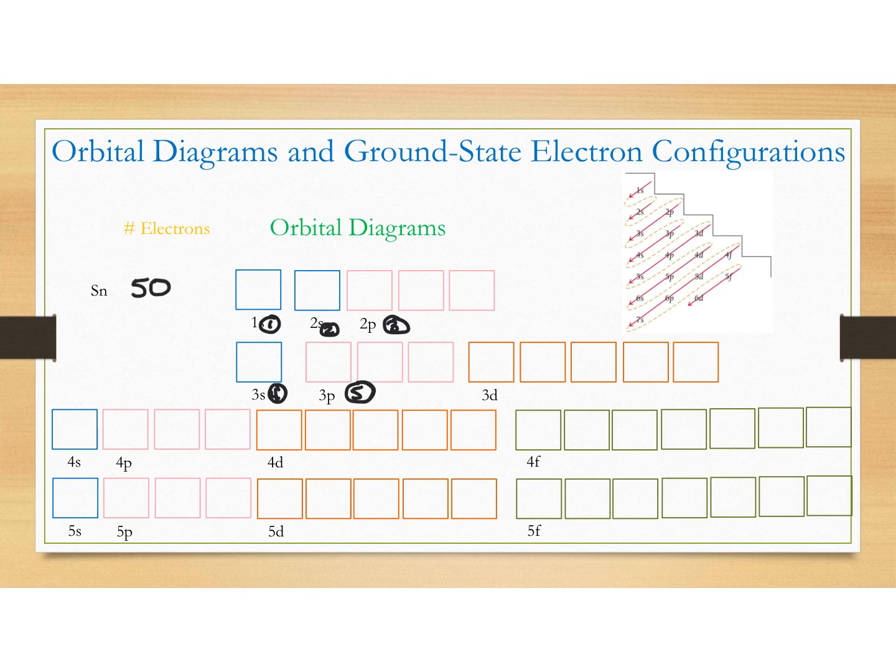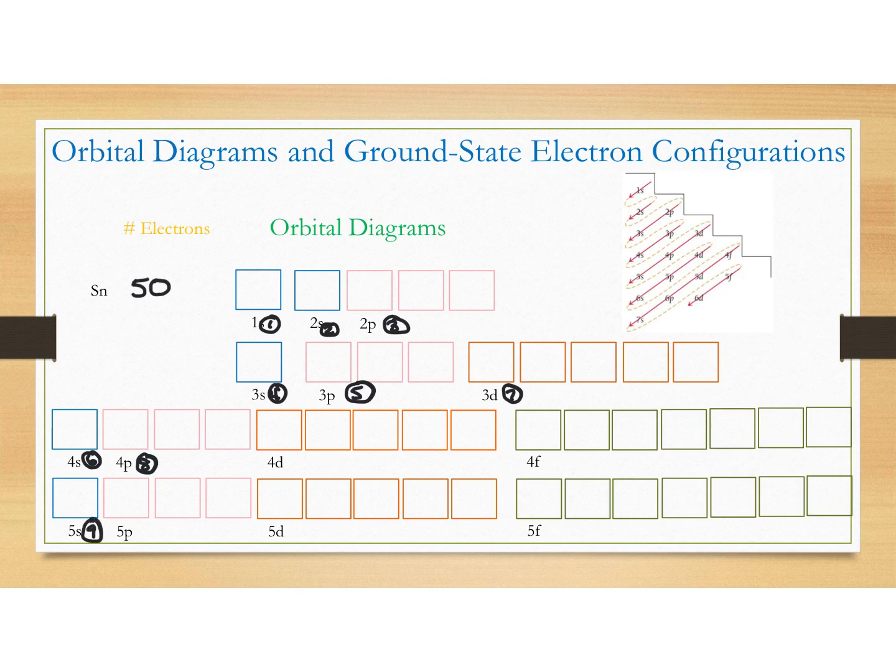And this is where it gets a little tricky. Once I fill the 3p, then I'm going to come down here and fill the 4s. Once I fill the 4s, I go back to the 3d. Once I get the 3d filled, then I go back to the 4p. Once I get the 4p filled, then I go to the 5s.